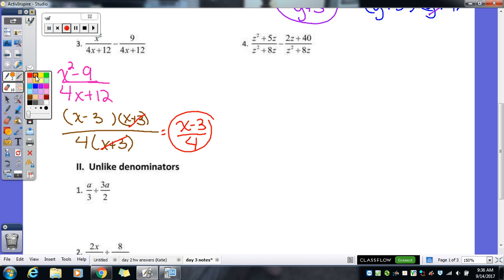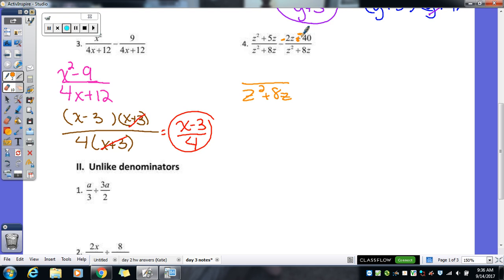So then our fourth one, we got a common denominator, so I'm going to keep my denominator. So z squared plus 8z, that stays the way it is. The tricky part with this one is you got to remember to subtract both parts of that second fraction. So we've got to subtract the 2z, and we've got to subtract the 40.